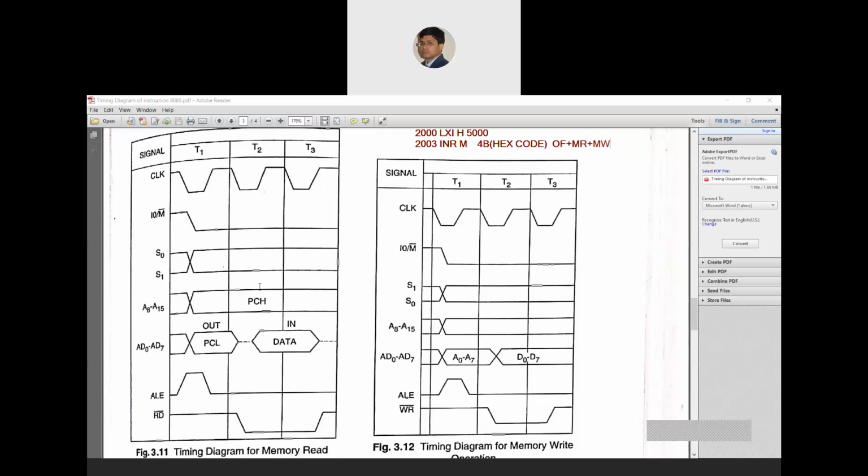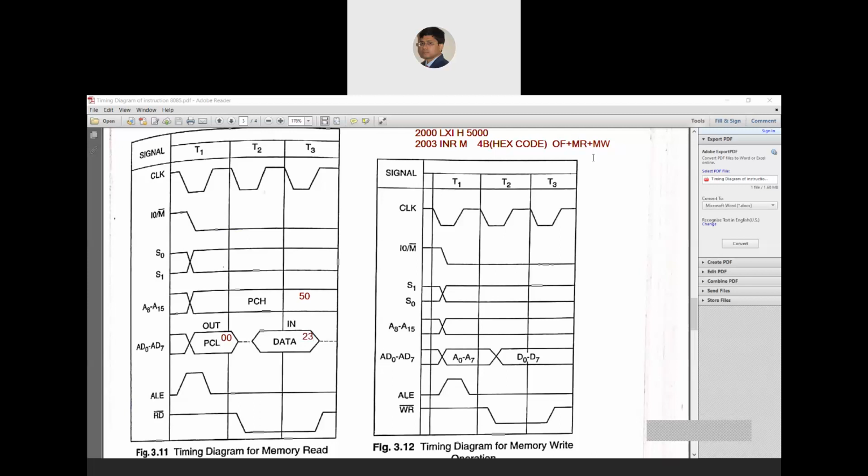So what is the PCH value here? Your PCH value will be 50. What is your PCL value? Suppose your PCL value is 00. And suppose the data, I am taking that location 5000 has the data 23.